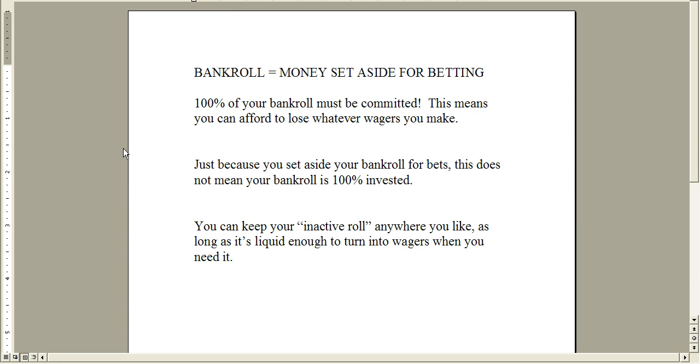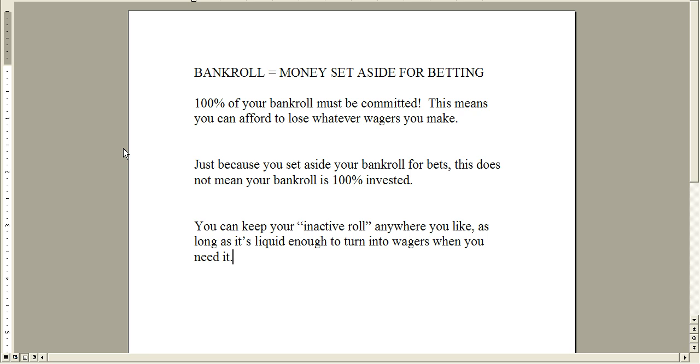And that bankroll, that dollar amount that you set aside for betting, 100% of your bankroll must be committed. And what that means is you have money set aside for betting, so if you lose a wager, you can afford to lose it because that money is set aside. It's not earmarked for any other purpose but betting on sports.